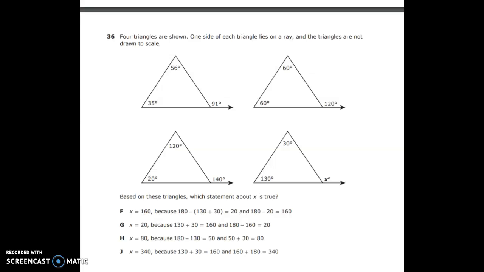X equals 20 because 130 plus 30 equals 160, and 180 minus 160 equals 20. X equals 80 because 180 minus 130 equals 50, and 50 plus 30 equals 80. X equals 340 because 130 plus 30 equals 160, and 160 plus 130 equals 340.